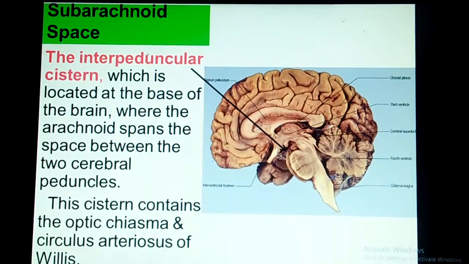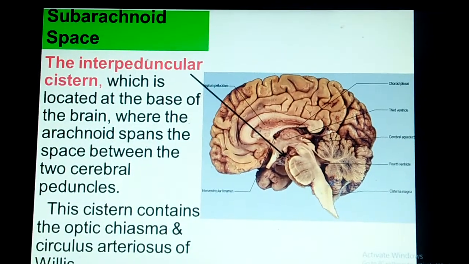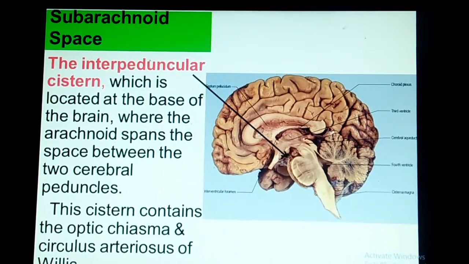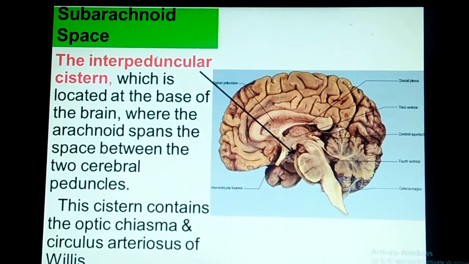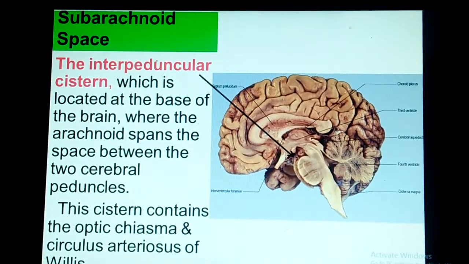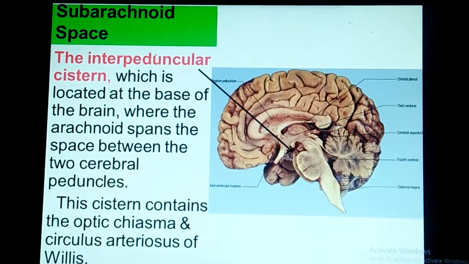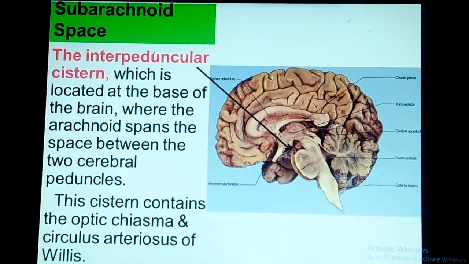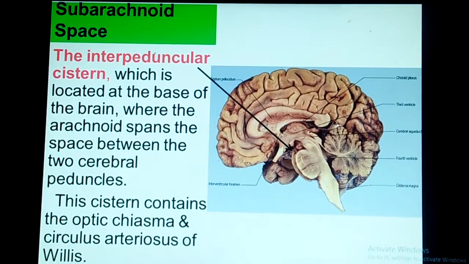The interpeduncular cistern is located at the base of the brain, where the arachnoid spans the space between the two cerebral peduncles. This cistern contains the optic chiasma and the circulus arteriosus.